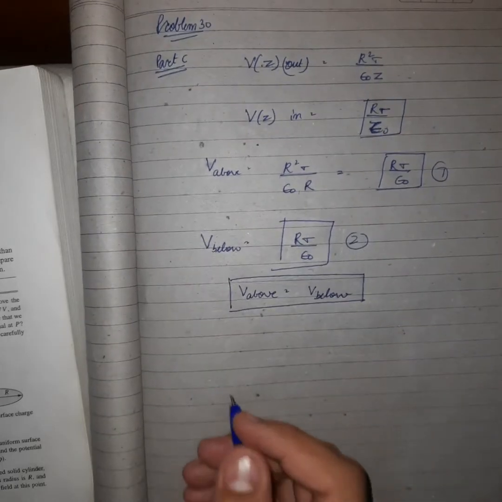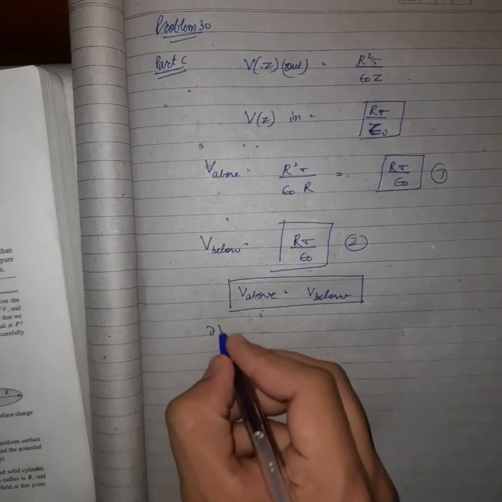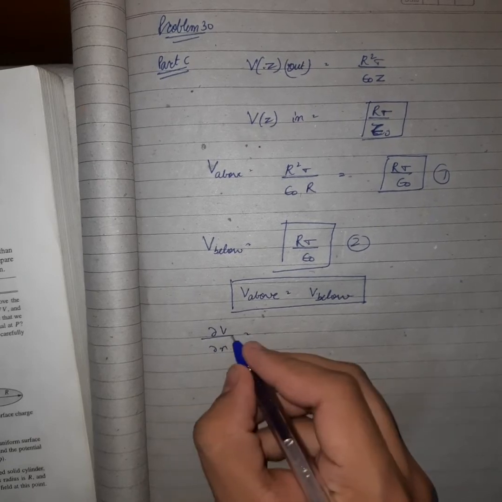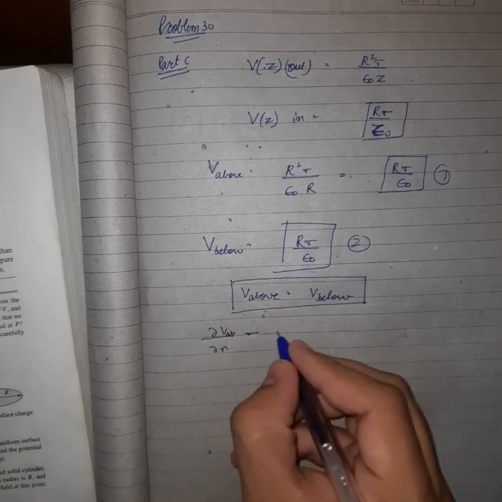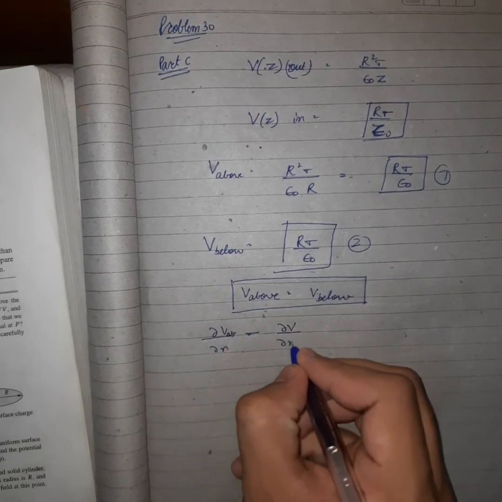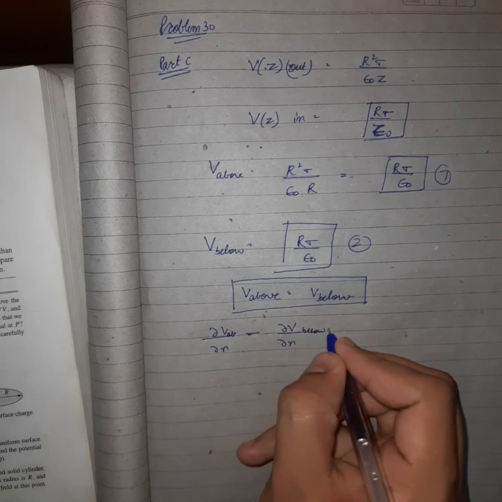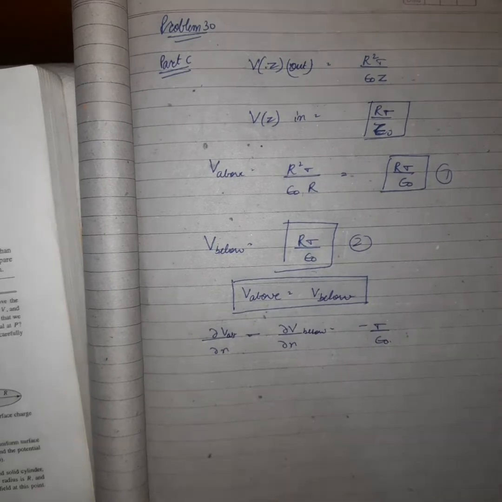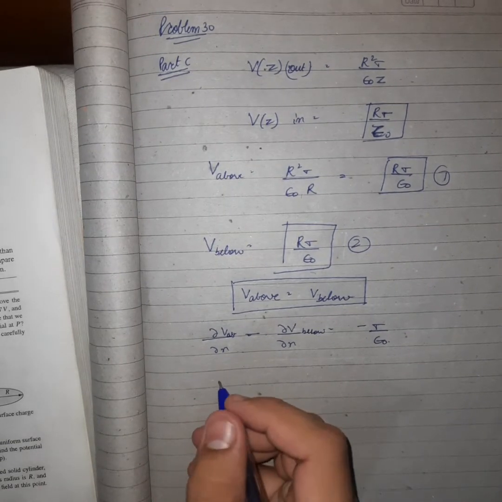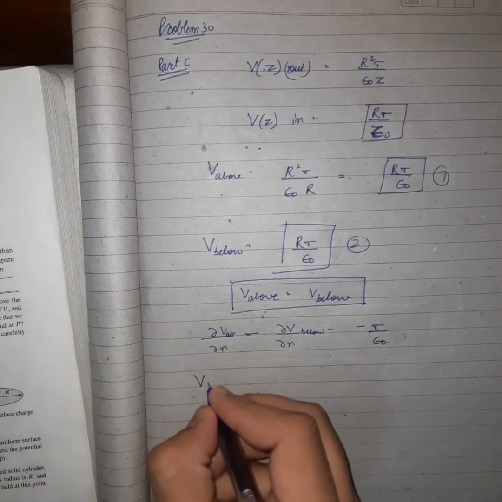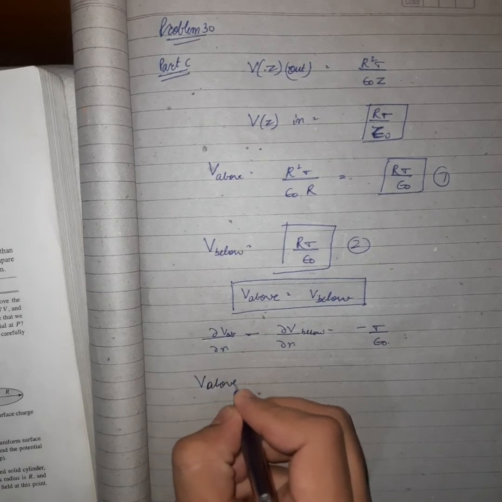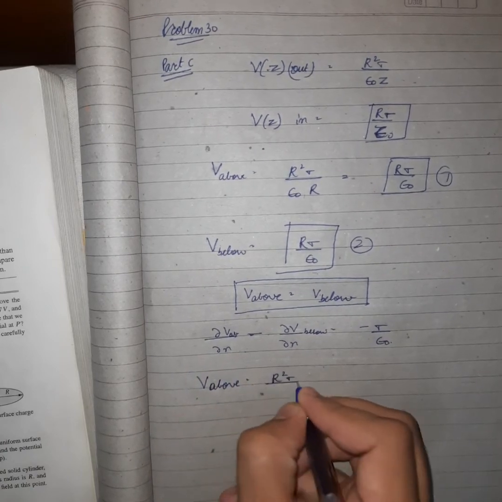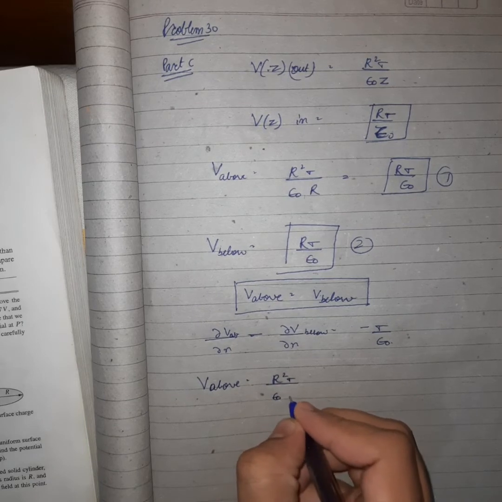Now let us talk about equation number 36, that was del V upon del n above minus del V upon del n below is equal to minus sigma upon epsilon naught. So let me just quickly differentiate it. V above was R squared sigma upon epsilon naught z.